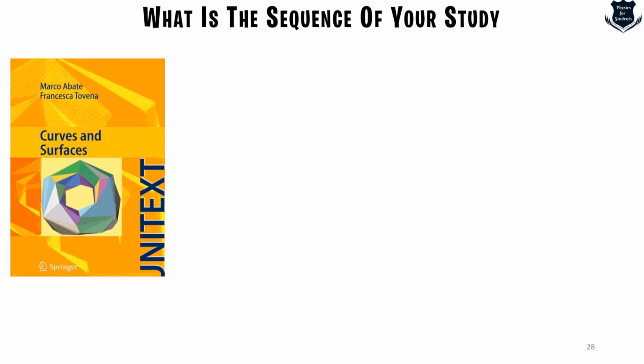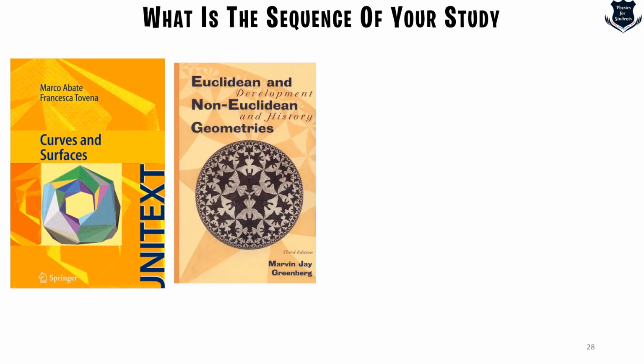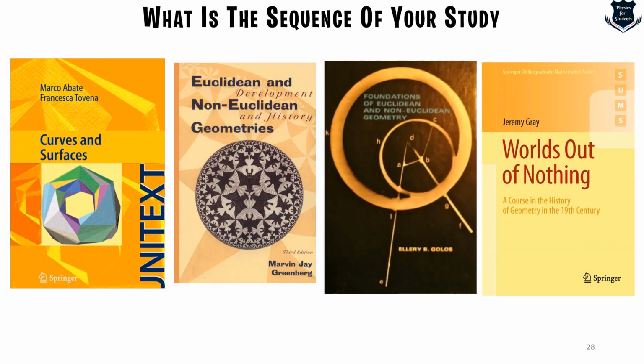Apart from that, as for the books that you would study, I would say first start with curves and surfaces. Also understand Euclidean geometry, how it got generalized into non-Euclidean, and then these two very important books, Foundations of Euclidean and Non-Euclidean Geometry and Worlds Out of Nothing, which is a very interesting and a very good book on the history of differential geometry.